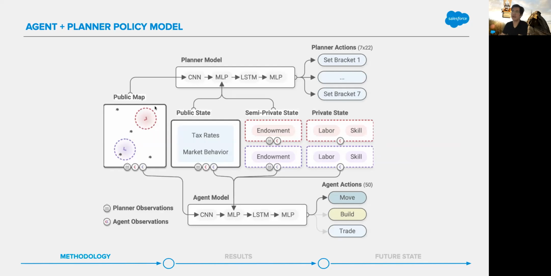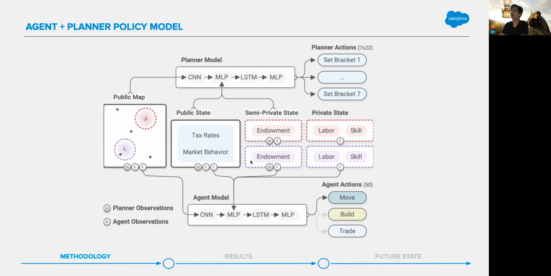For instance, in this red circle, you can see that this red agent can only see part of the world around itself. And this map is public, so you can see other agents around you. Also public is the set of tax rates that apply that period, and what the prices are of resources in the market.